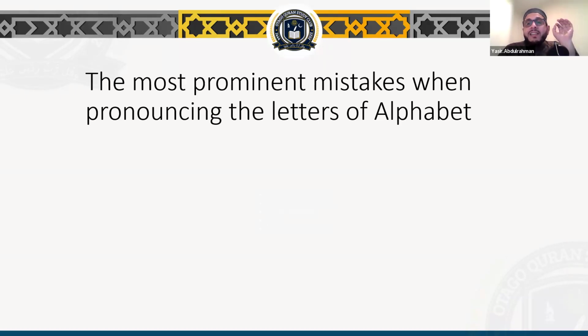They try to push the definition, which is saying the upper gum, and they think the upper gum is the area here behind the teeth. So they say adh, adh, adh, ath. I don't know how they do it, you know. It's very simple because in the Arabic language, when you say the gum, it includes the teeth. So the upper teeth are part of the upper gum. So don't get confused with the definition.